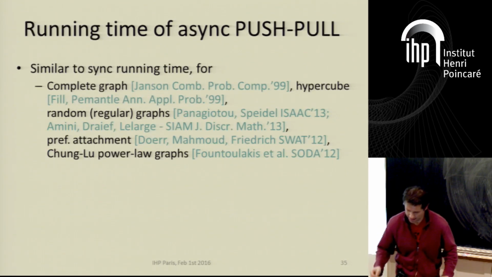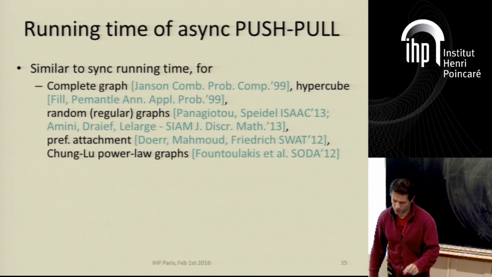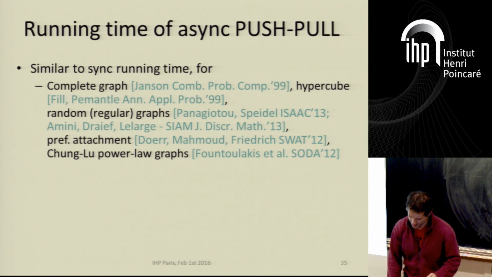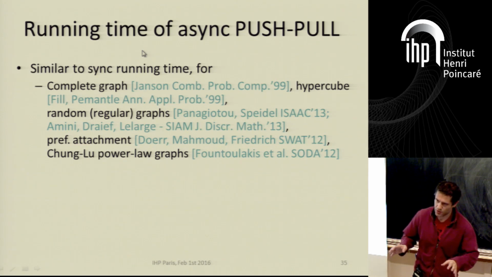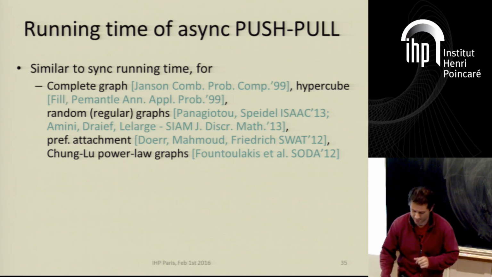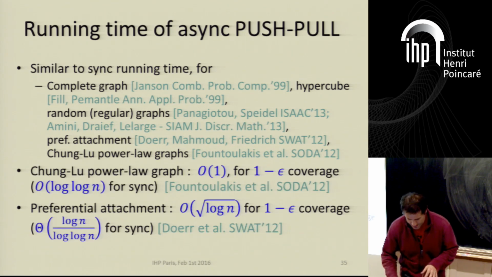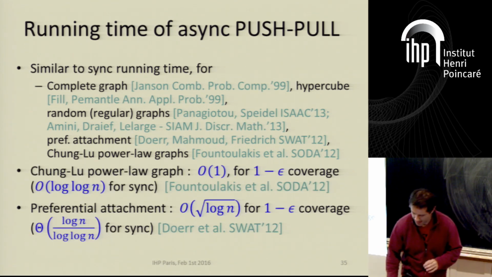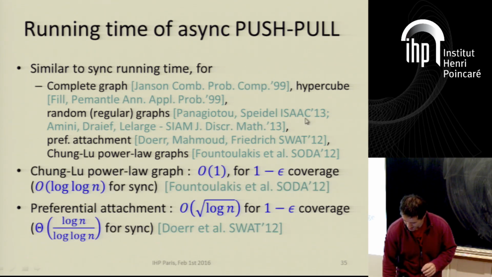Many works have studied asynchronous rumor spreading for specific graphs. Here is just a list. The results they showed are typically similar to the synchronous rumor spreading time within a constant factor. But there are also some results where these running times are different. Here are two results.